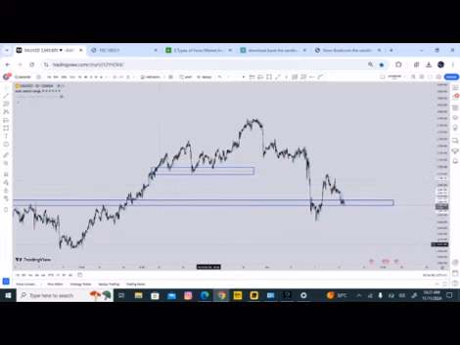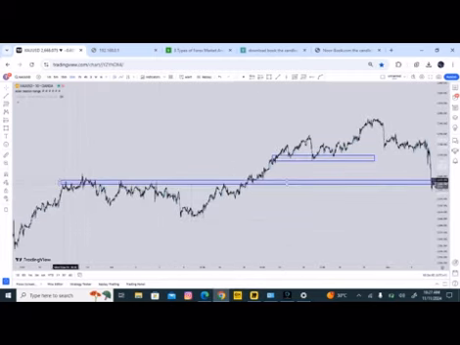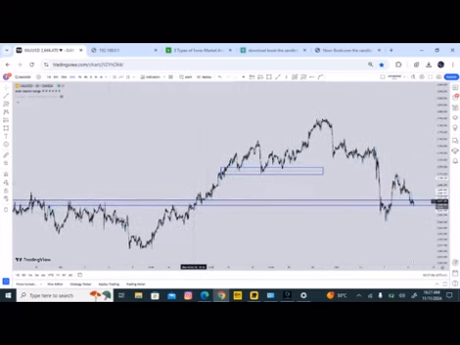Now, as you can see, price was rejecting, failing to break this resistance right here. When price finally broke the resistance, it came back to act as a support and moved upward, right?